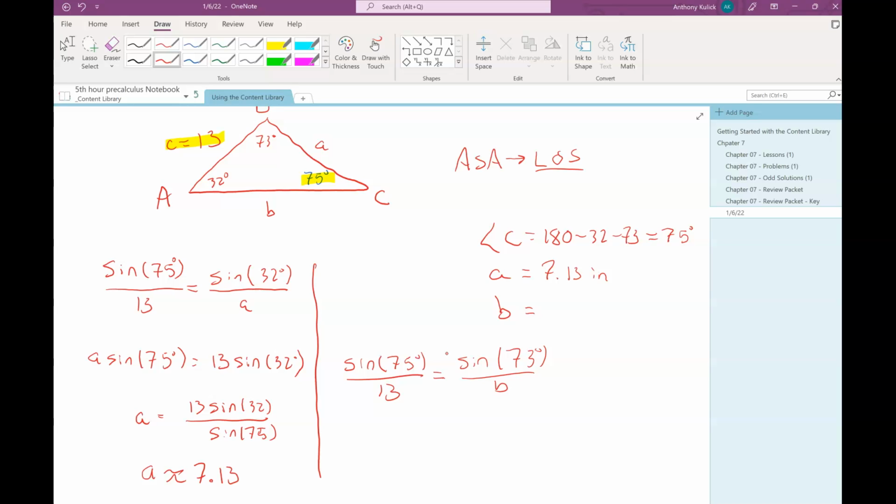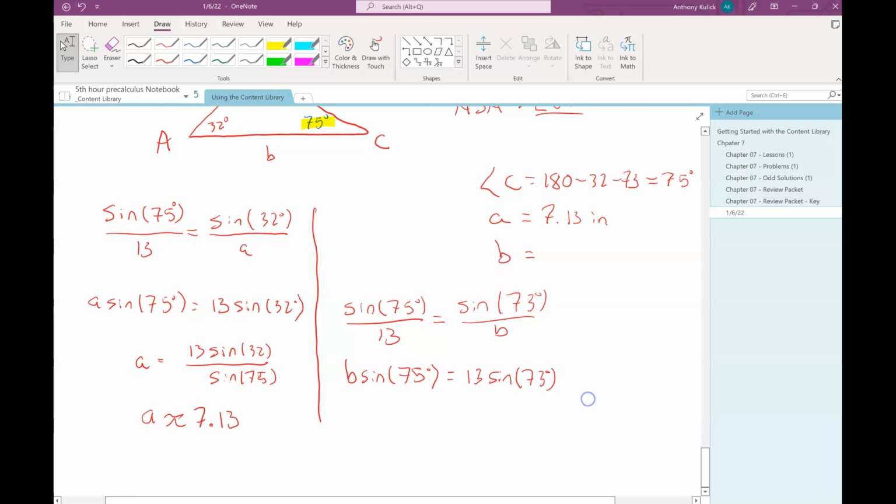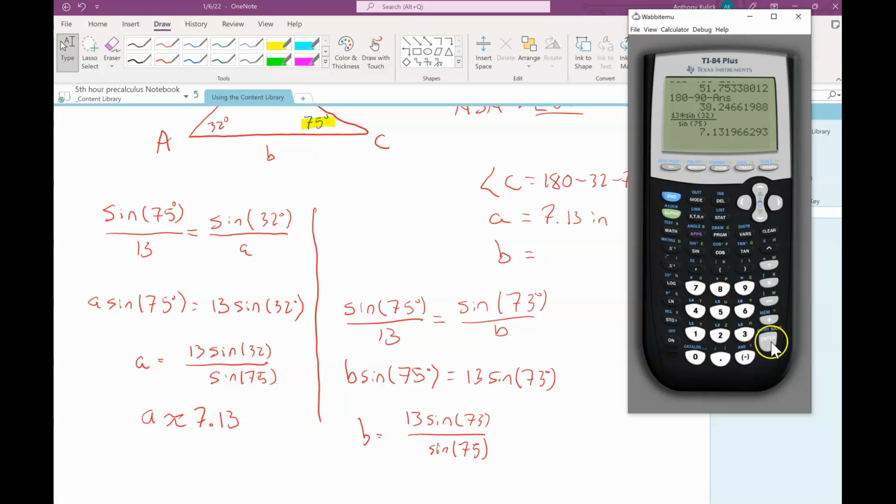And I'm going to do the exact same thing. I'm going to cross multiply and then divide by sine 75, and we're all done basically. So 12.87.